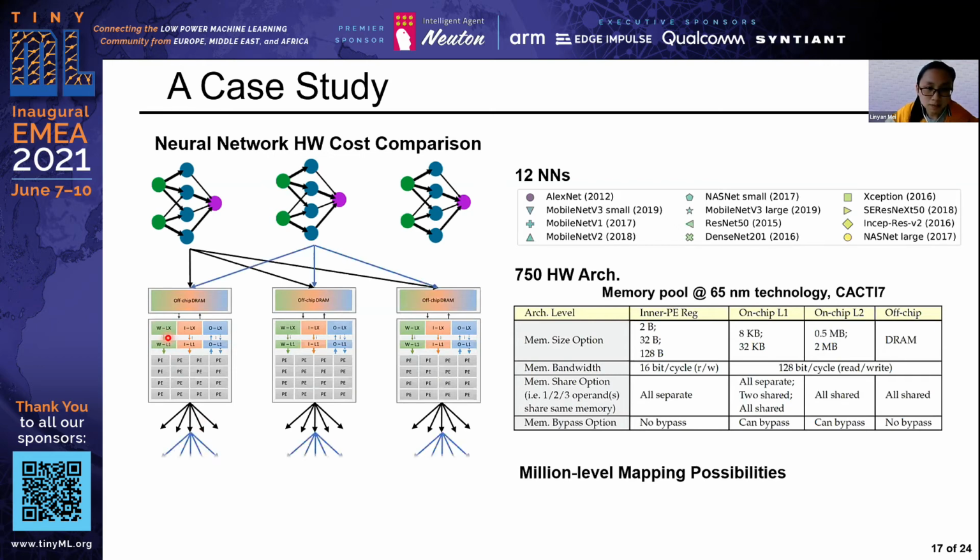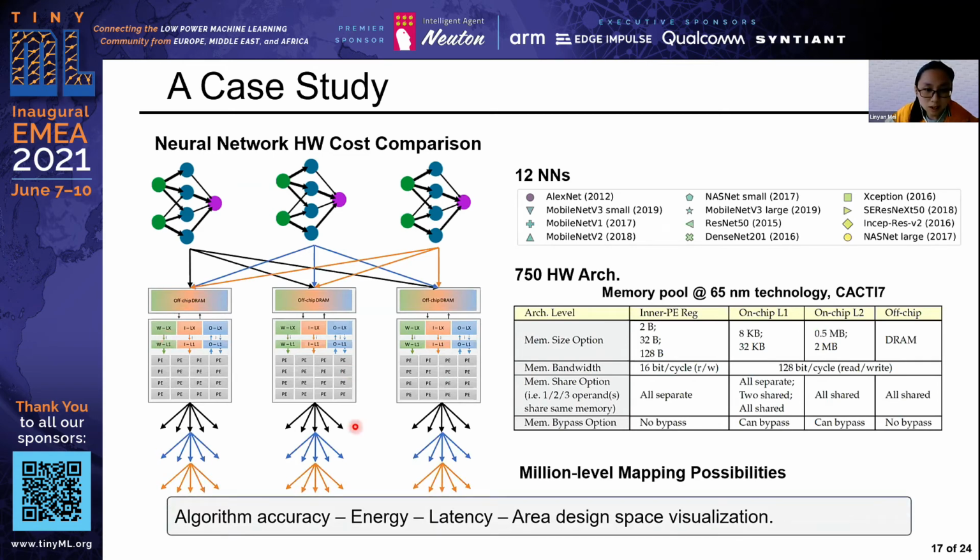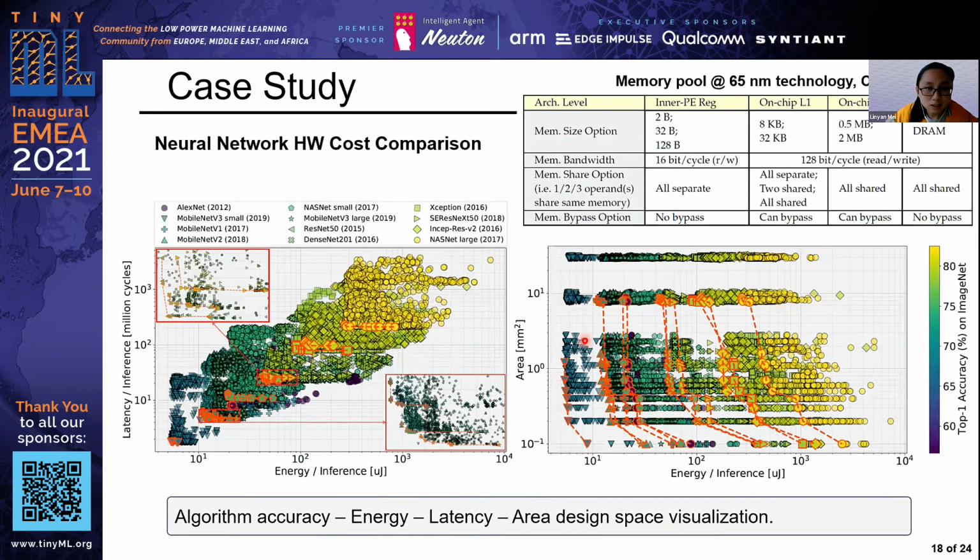So next slide, you will see this algorithm accuracy, energy, latency, area design space visualization. For each of these 12 different neural networks, let's just take NASNet, for example. You see that it achieves the highest accuracy, shown in this color, which is top-1 accuracy on ImageNet.